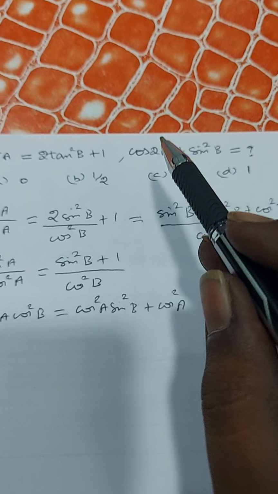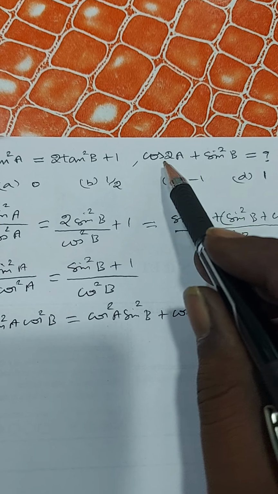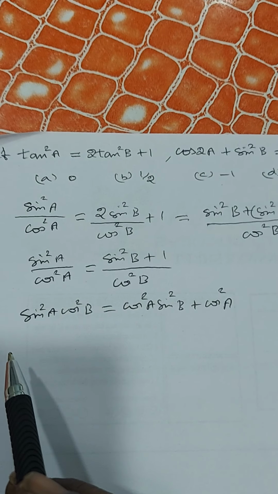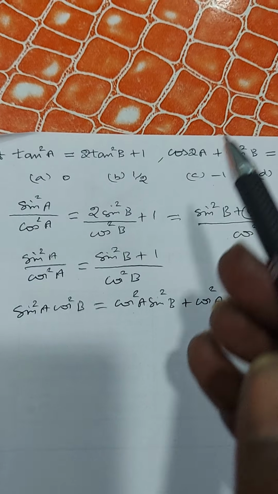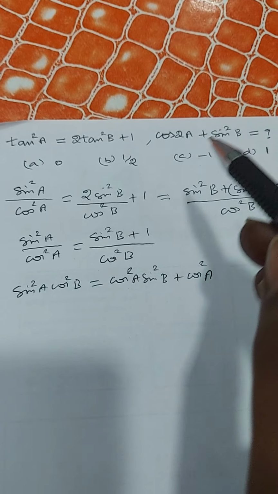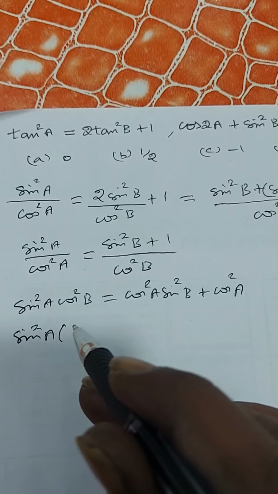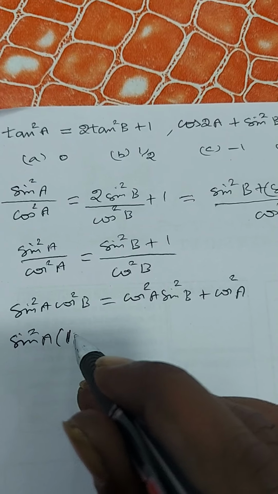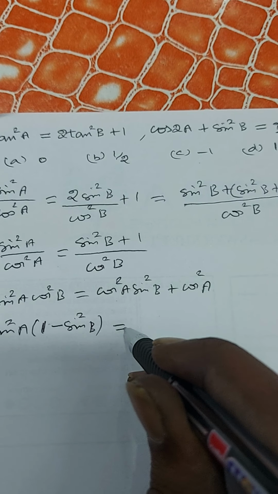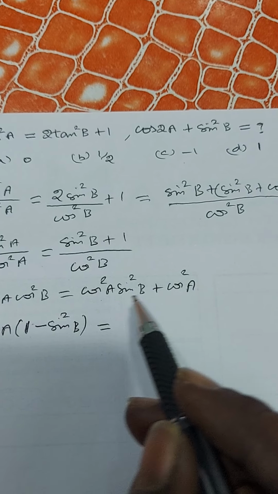Now look at our required data: cos 2a plus sin square b. So we don't need sin square a; we want cos 2a. To get sin square b, this cos square b can be changed as 1 minus sin square b. We don't want to disturb sin square b.